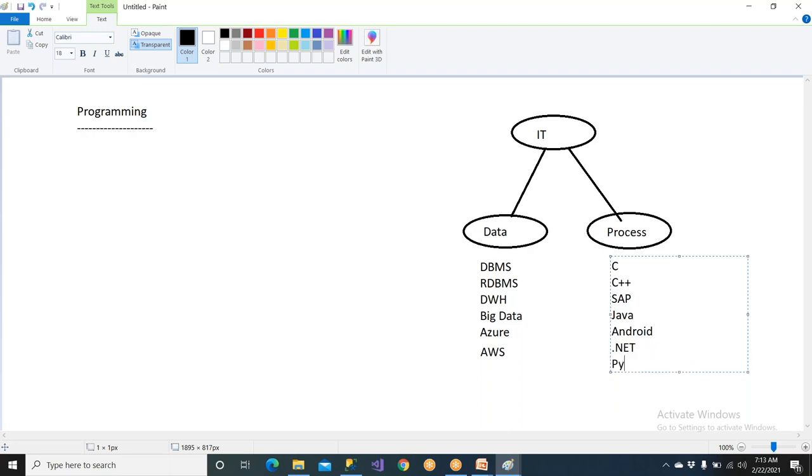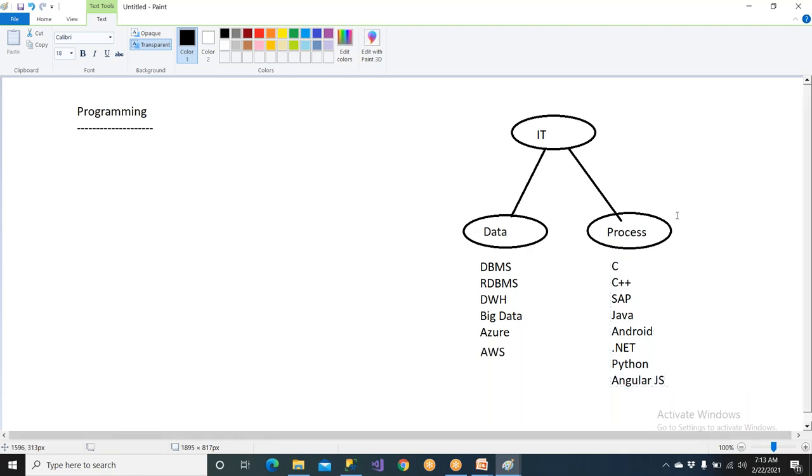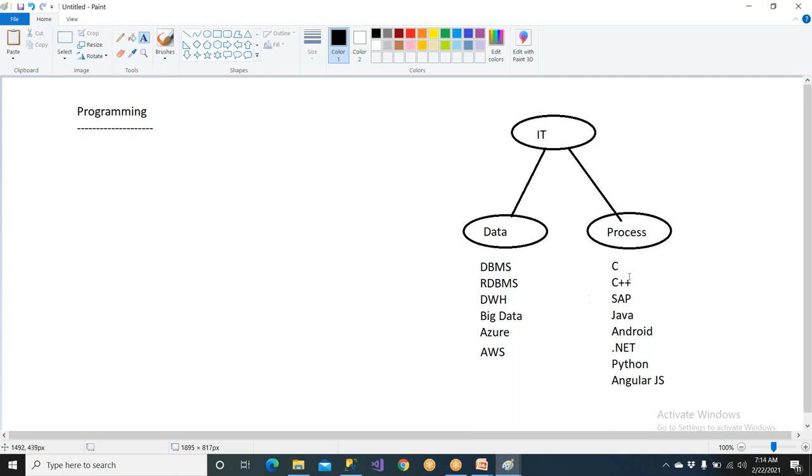Now we are learning Python, and we are learning AngularJS. All these things are to process your data. A language always needs data to process. That's it. So any IT industry is working for only two things: either you need to work for data or you need to work for a process.